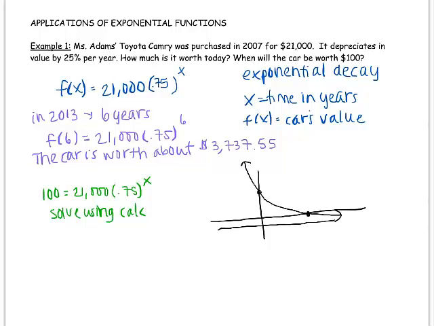And you're going to get that point of intersection right there. That point of intersection is 18.587, 100. So that means after 18.587 years, the car is going to be worth $100.